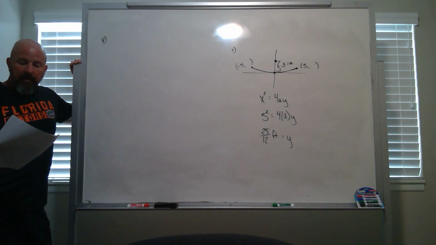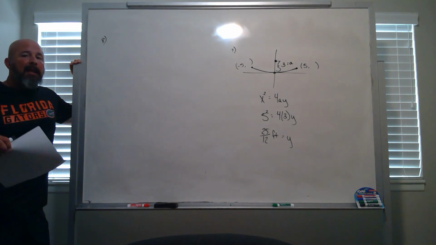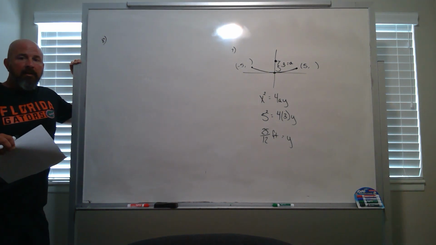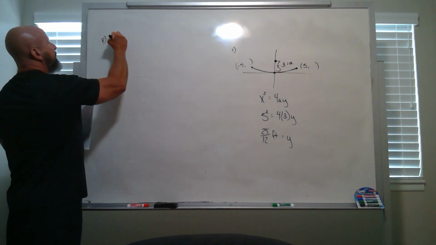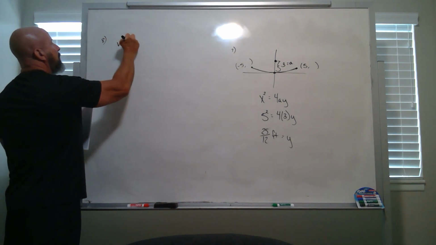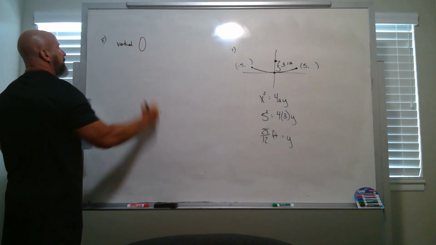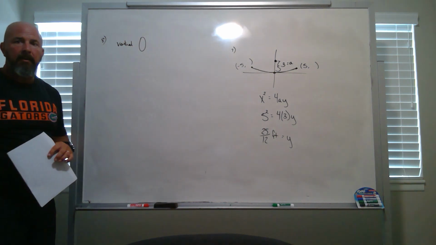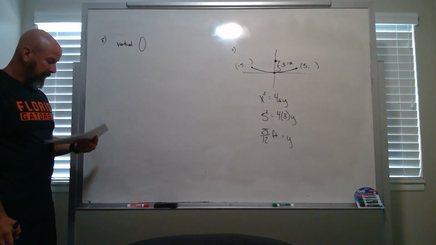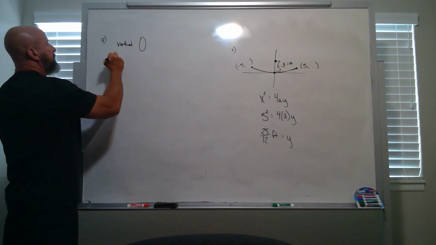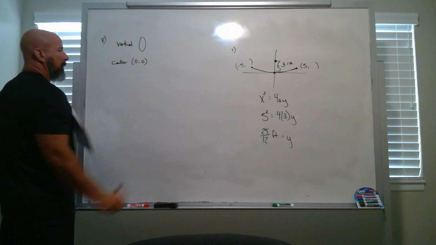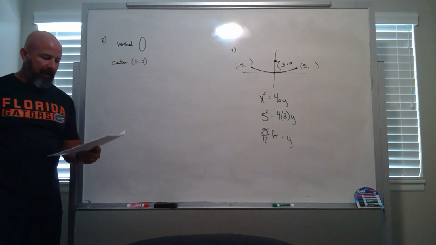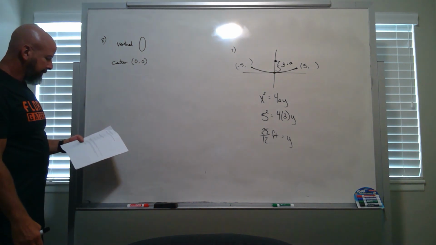So on this particular problem, 81 is under the y squared. That's bigger than the 4, so that tells me that this is going to be a vertical ellipse. And if I need a little picture, I can do that. I know it's going to be stretched vertically. My center is 0, 0. I don't see anything plus or minus up there with the x and y.